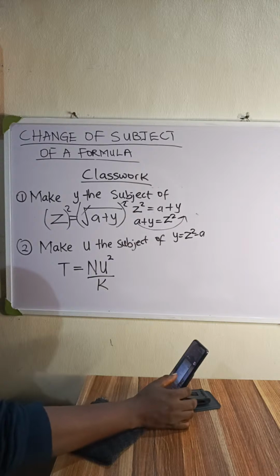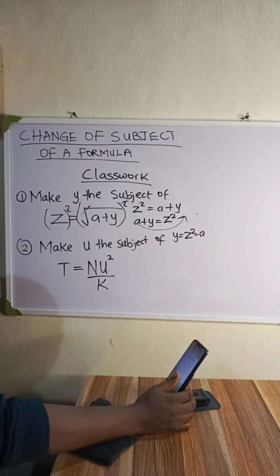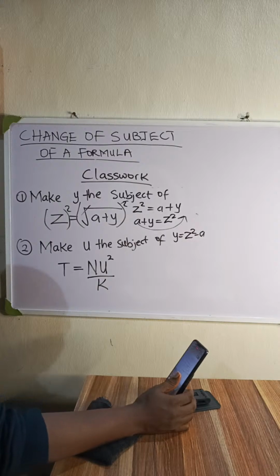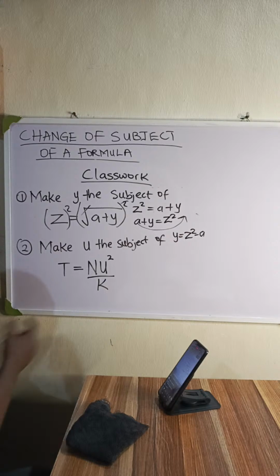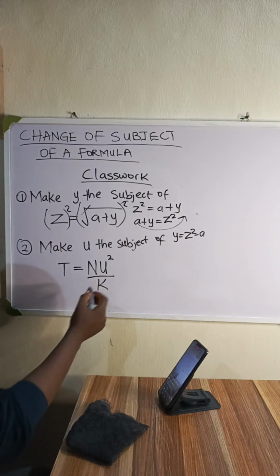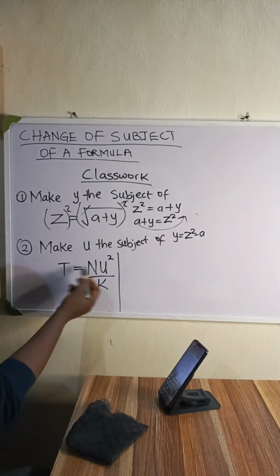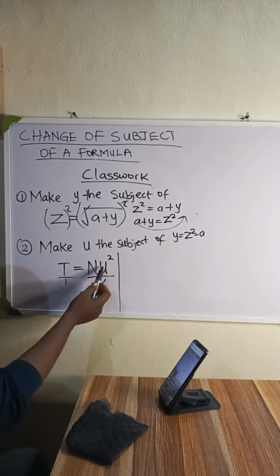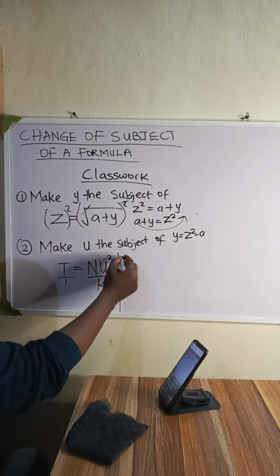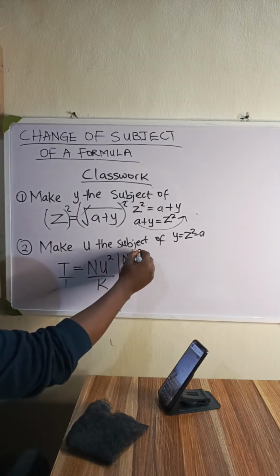Next, we are making u the subject. So this is a fraction, so we can just cross multiply. n u squared multiplied by 1 will give you n u squared.